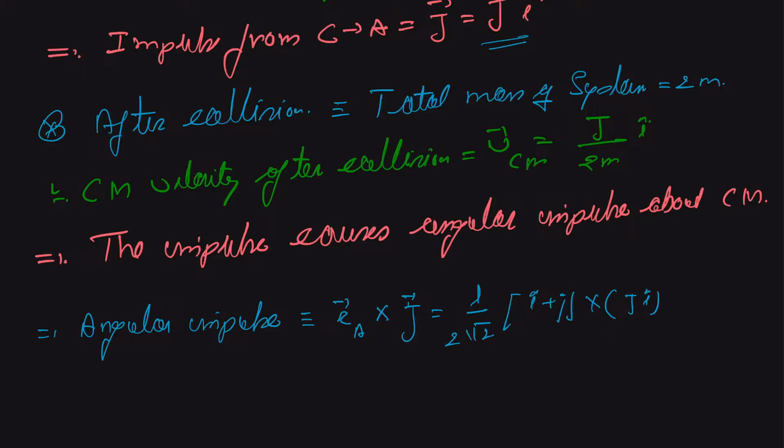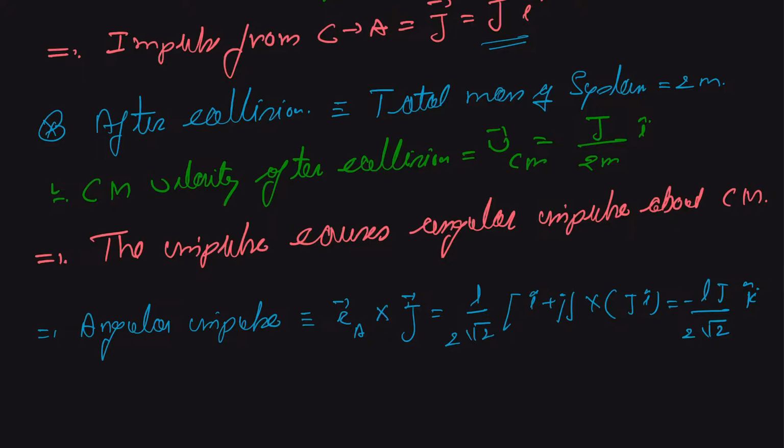And from here we get that this angular impulse will have two terms: one will be i cross i and the other will be j cross i. Okay. So j cross i will give us minus k. So this will be minus L J divided by square root of 2, multiplied by our k unit vector.